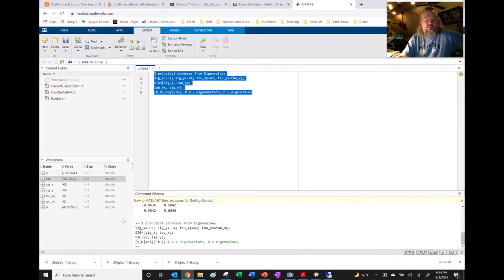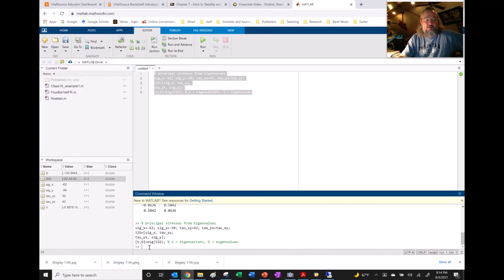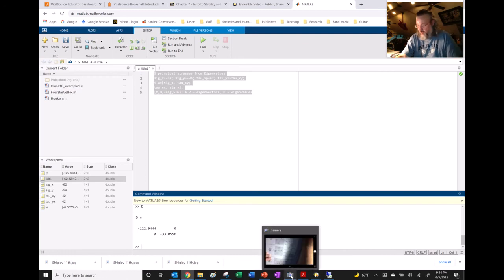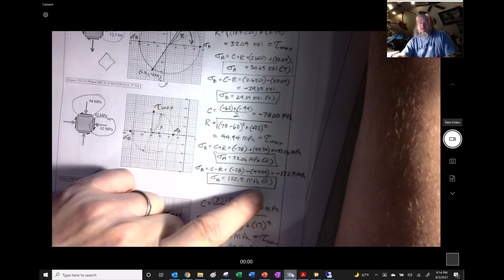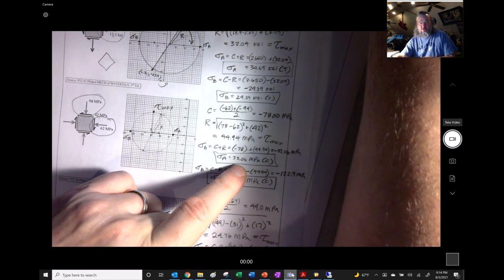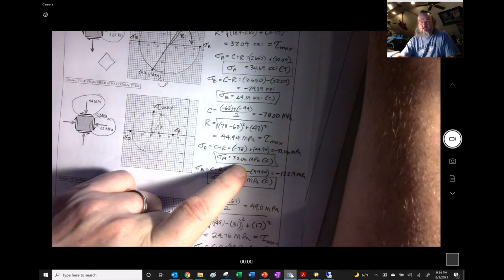We evaluate, and so then let's see what D is. D is a negative 122.9 and a negative 33. So 122.9, compression, and a 33 there. So you can see, I think you believe me, right?